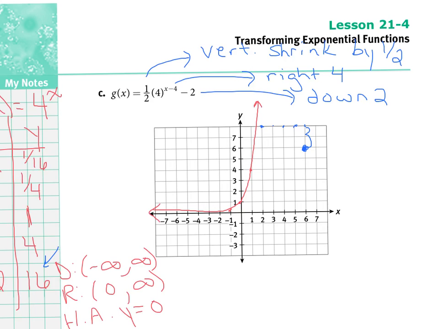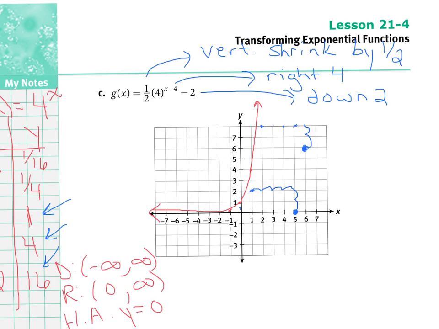When x is 1, I was originally at a 4. Half of that would be a 2. But I'm going to go right 1, 2, 3, 4, and down 2. When x was 0, we were at a 1.